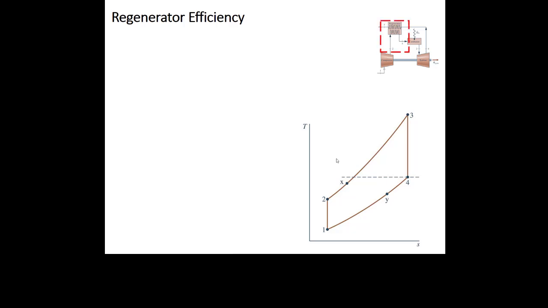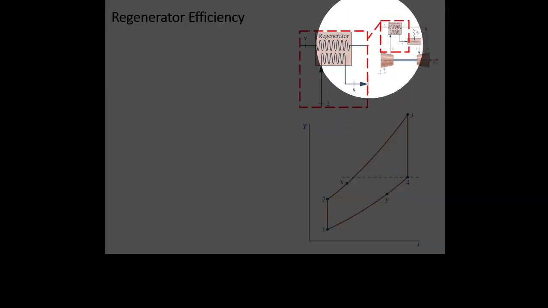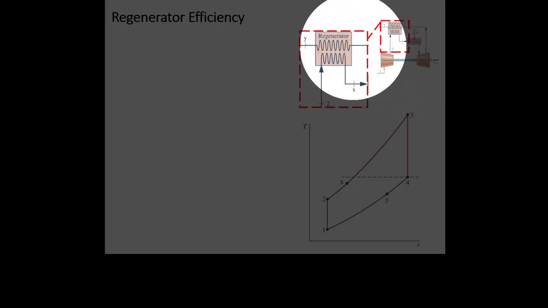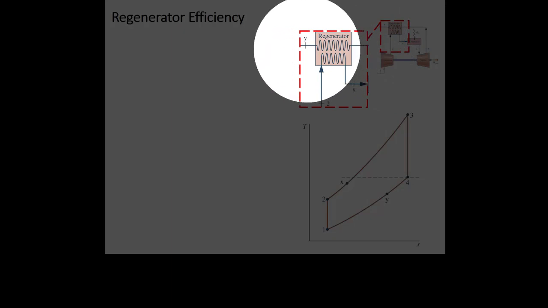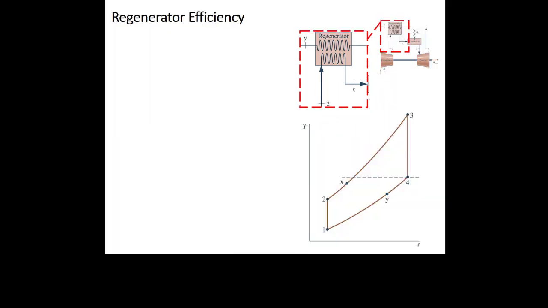So if I did a first law analysis on this regenerator up here, we would see that what's really happening is that I'm transferring heat from this hot gas, right? So it's coming in at state 4. The hot gas, the exhaust, cools down from state 4 to state Y, but the cold gas heats up from state 2 to state X. So it's nice.